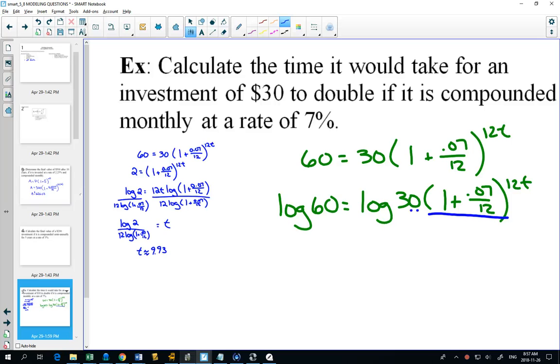It's not an exponent to the 30. Does that make sense? That exponent of 12t is only to what's in brackets. That exponent does not apply to the 30.